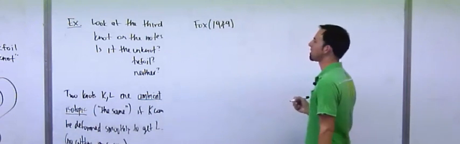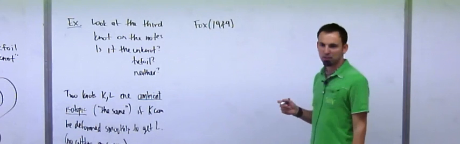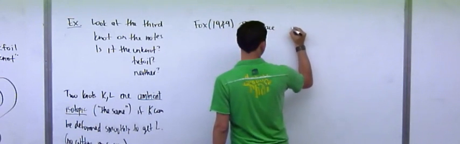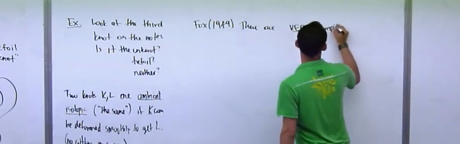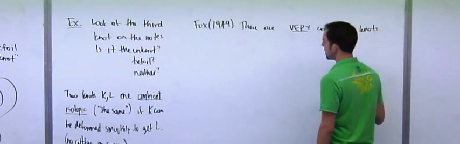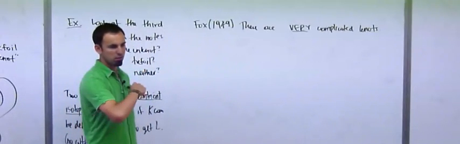in 1949, Fox noticed that there are knots that are incredibly complicated. When I say incredibly, I mean incredibly complicated, very complicated knots. For example, there are knots that you can't really draw in a piecewise linear way.